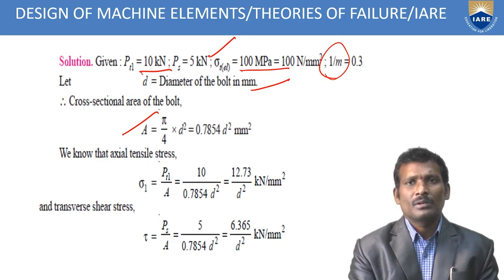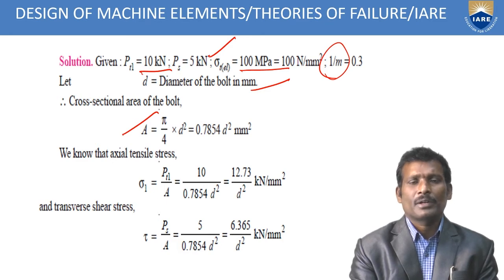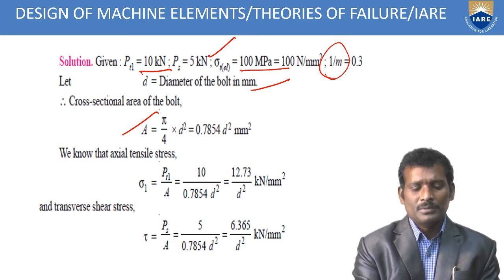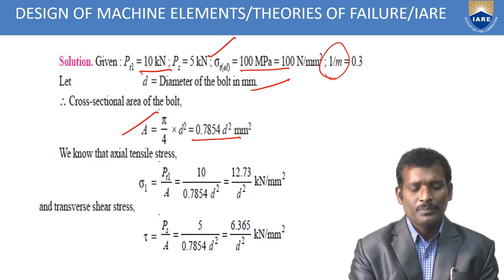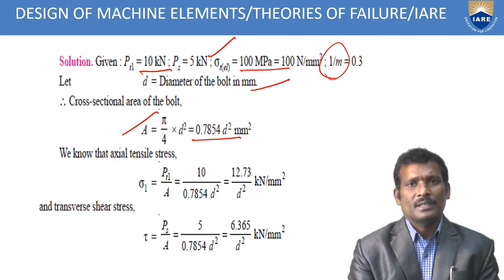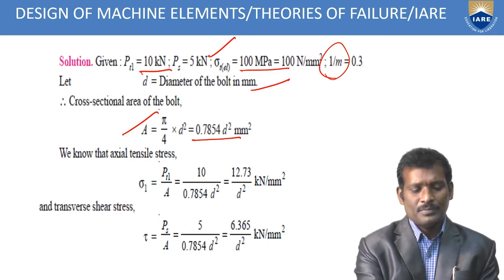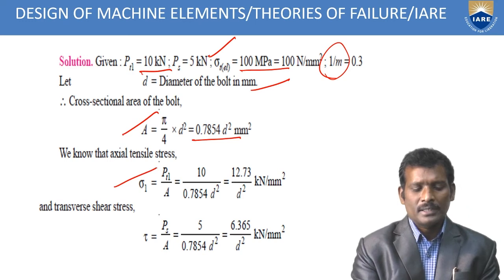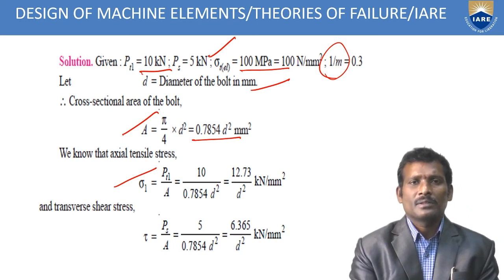The d value we don't know, so we need to calculate the diameter of the bolt. In terms of d, you will get the cross-sectional area of the bolt. Now calculate the axial tensile stress induced due to the axial load, which is 10 kilonewtons. Stress is equal to load upon area.